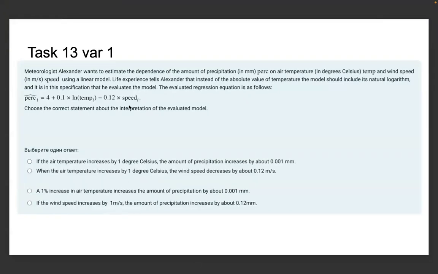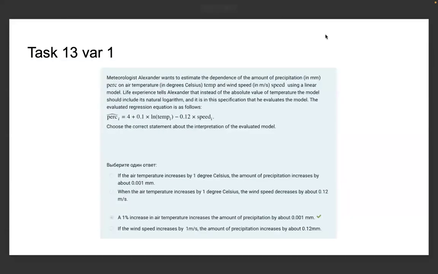If we put here our new value, it will be speed plus 1, and as we can see, if the speed value increases, the whole value will decrease. Any questions here? So we can check the right answer. Yes, it is the third, the first variant.